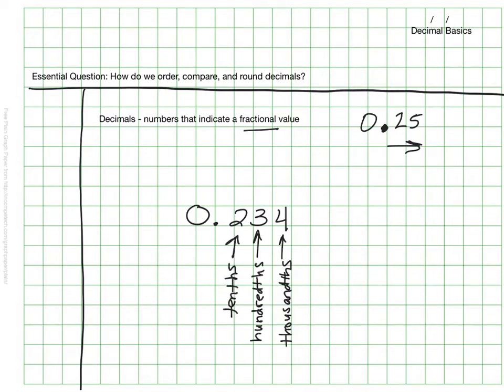So the 2 is in the tenths place, the 3 is in the hundredths place, and the 4 is for thousandths, which is kind of like saying 2 tenths, 3 hundredths, and 4 thousandths, right? It's related to our fractions. And this is a helpful reminder as we compare and order decimals.